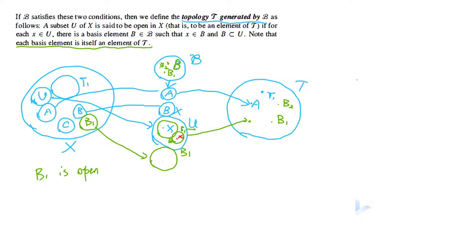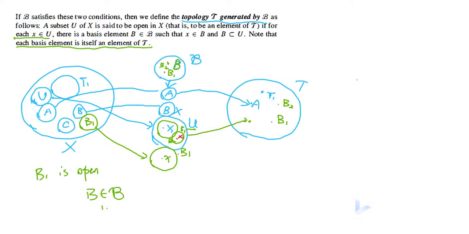So what we should do, like before, is for any element X inside this B1, we should find a basis element B from the basis B, and this B should satisfy two properties.